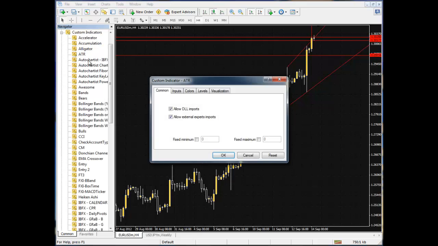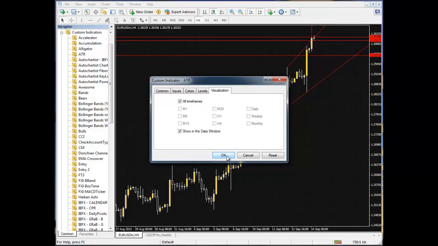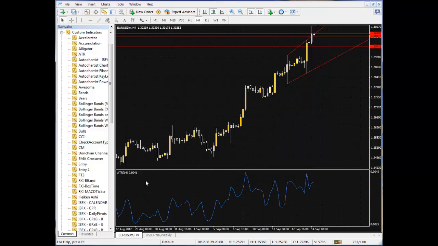Let's put an ATR, average true range. I just want to take a look at it for a minute. Okay, so on the average true range, it's telling us we're looking at a 41 pip movement. So we could either go up or down 41 pips.